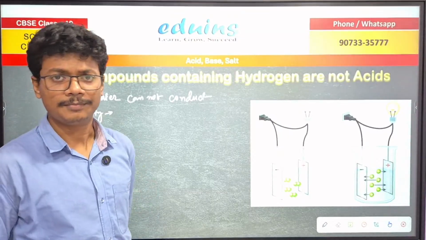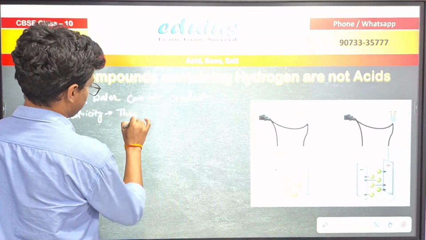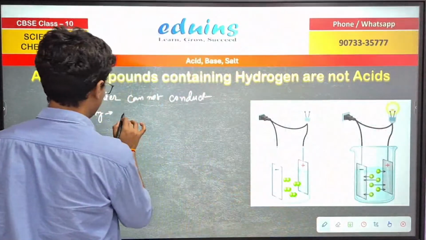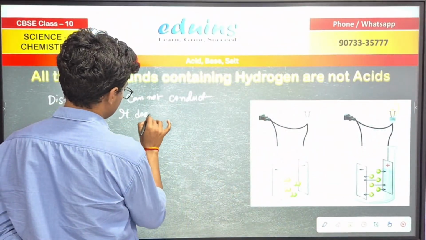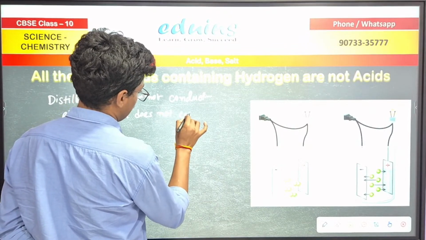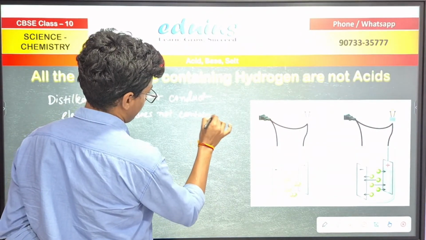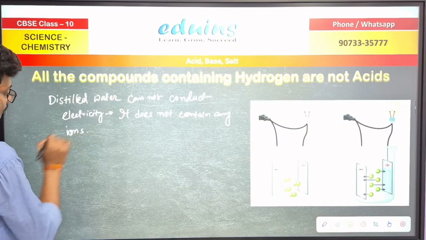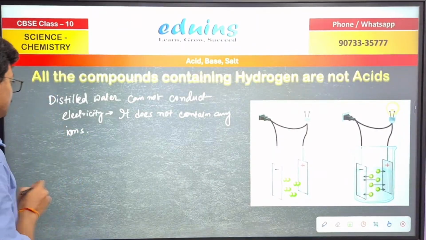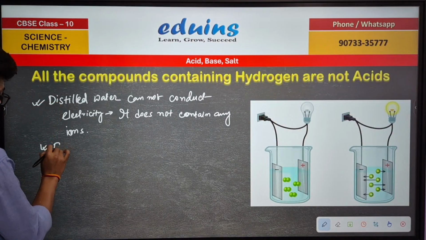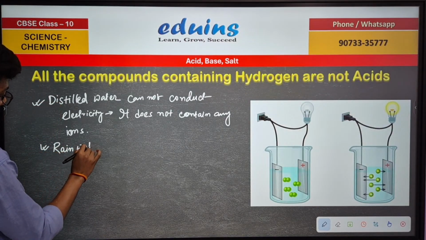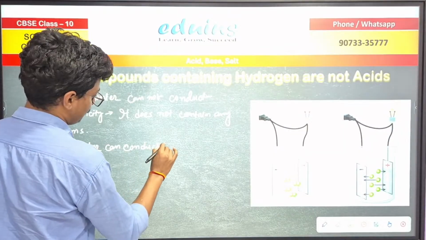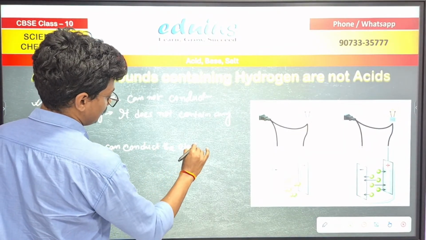The answer is simple, because it does not contain any ions, but the rainwater can conduct the electricity.